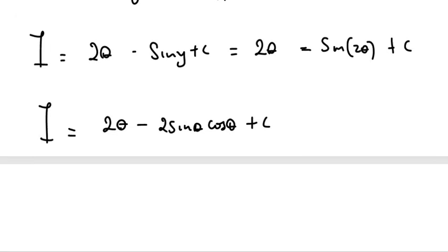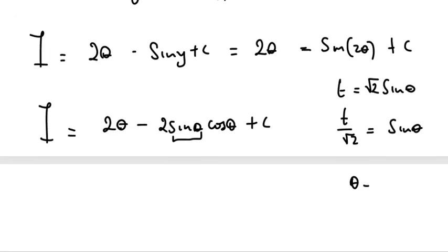So what is our theta? Let us recall that t is equal to root 2 sine of theta, and we know t by root 2 is giving us the sine of theta. So take the inverse sine on both sides. We see theta is equal to the inverse sine of t by root 2.